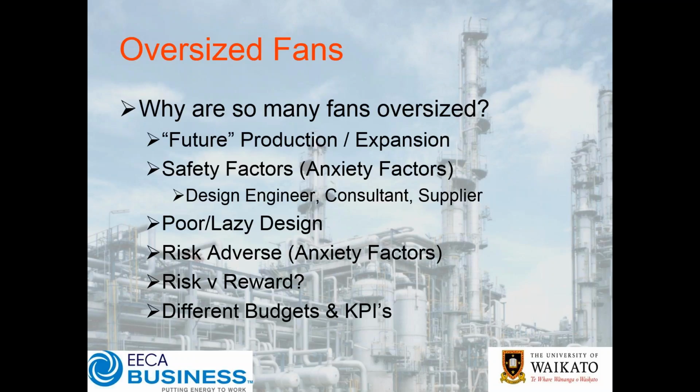Classic example here is when we build a facility or a process or put a line in, we're always thinking optimistically about where the future is going to take us. So expansion, and of course we always get the great deal from the supplier, where the difference in capital cost of fan A versus fan B that might be 1.5 or twice the size is quite marginal, especially when you think about all of the fixed costs and overheads associated with the project.